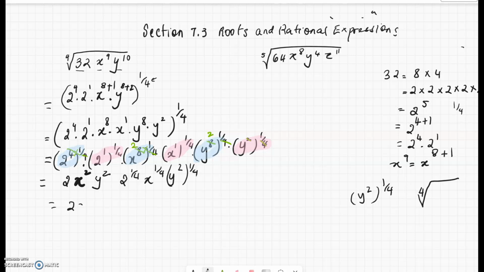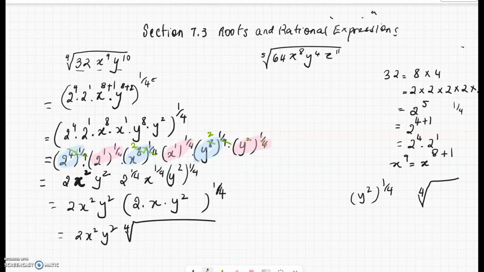Each of these is to the 1/4, so the whole thing is to the 1/4. So that's 2 times x times y squared to the 1/4. So that is 2x squared y squared, 4th root of 2x y squared. So that's a simplified form in which we can write it.